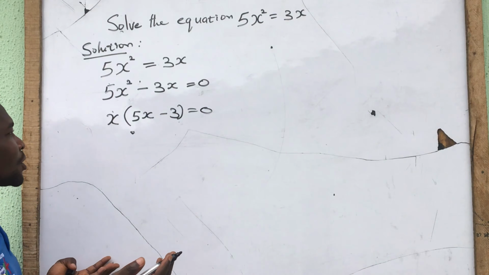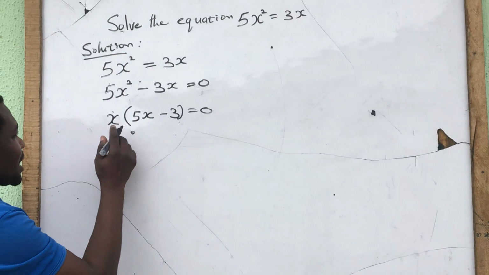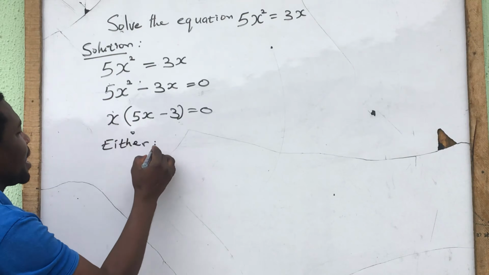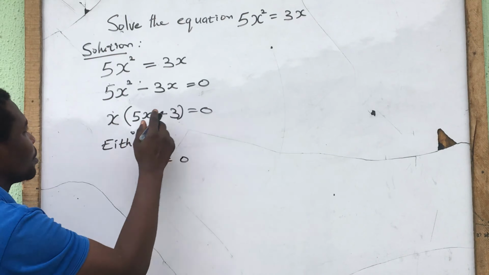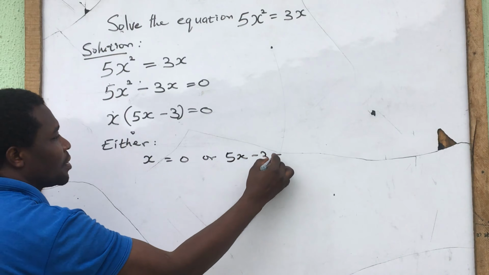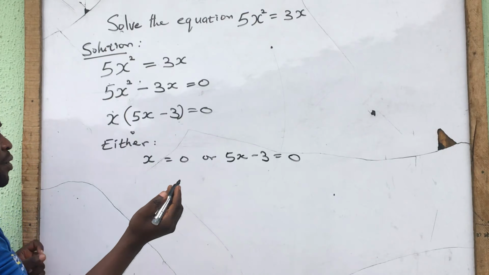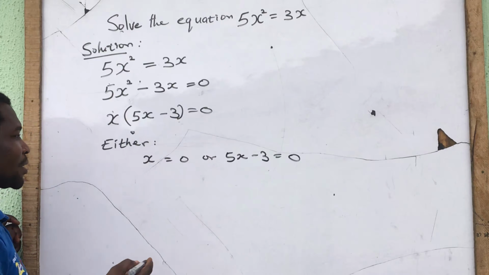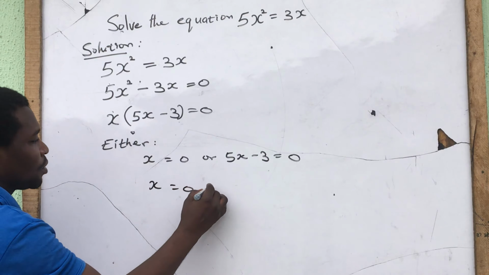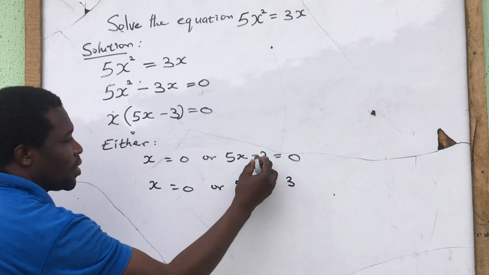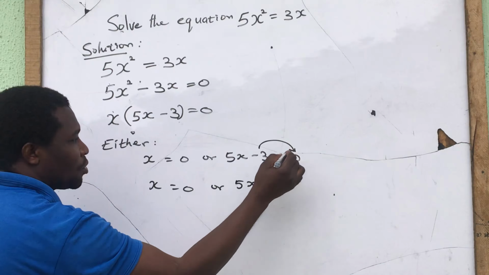Can you see that? So then from that, it's either x equals 0 or 5x minus 3 equals 0. So to get the value of x out here, let me make x the subject of formula. So that is x equal to 0 or 5x equal to 3 when this one goes back to this place.